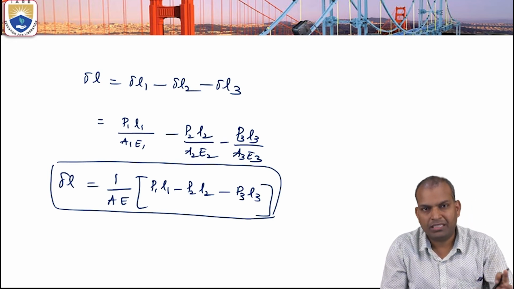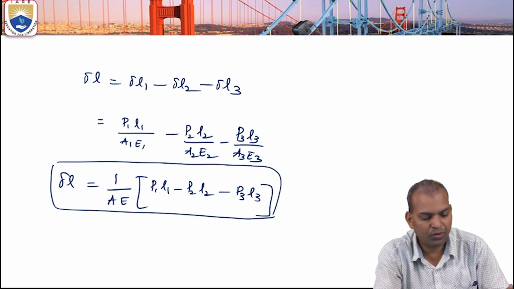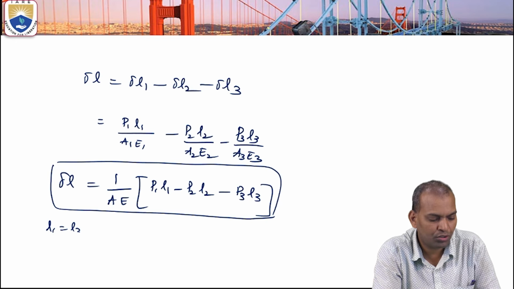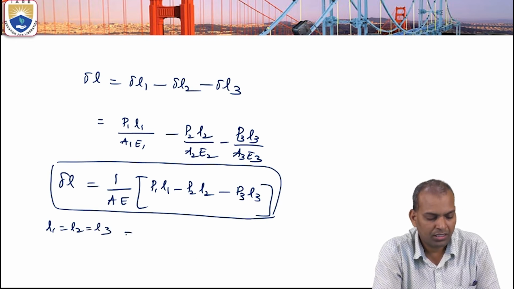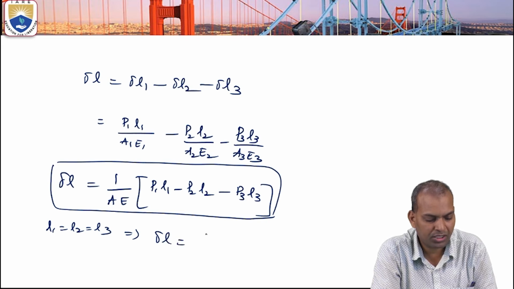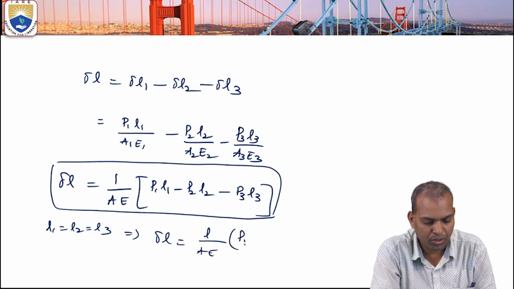Suppose L1 equals L2 equals L3, all three are equal, then this formula can be modified as L by AE times P1 minus P2 minus P3.